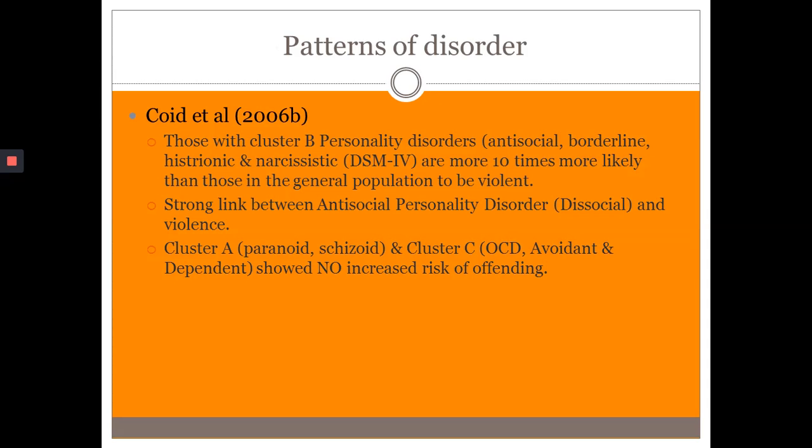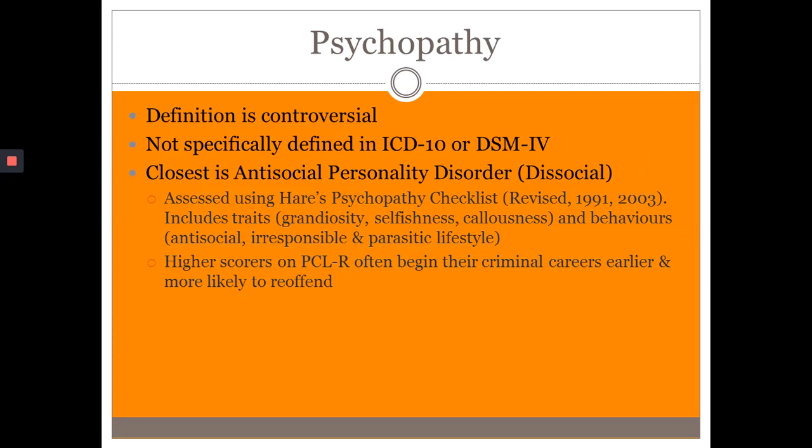Paranoid occasionally can lash out into violence, but not to a major extent which would draw the concern of the authorities. So we've already touched a little bit on psychopathy and said that it's now superseded by the antisocial personality disorder type. It is essentially the same thing under a different label.